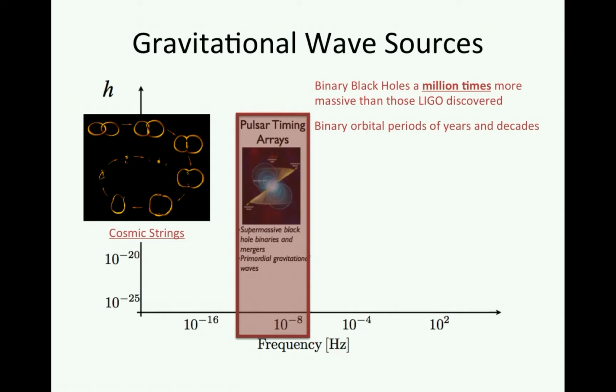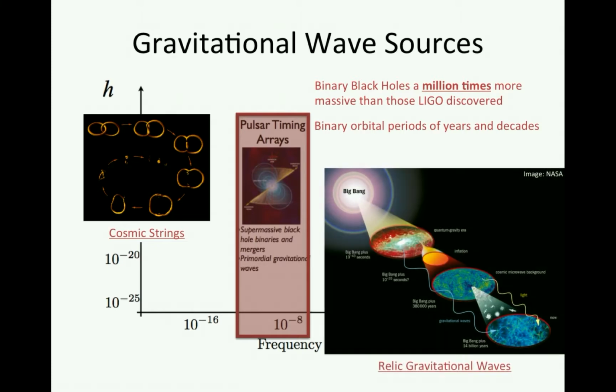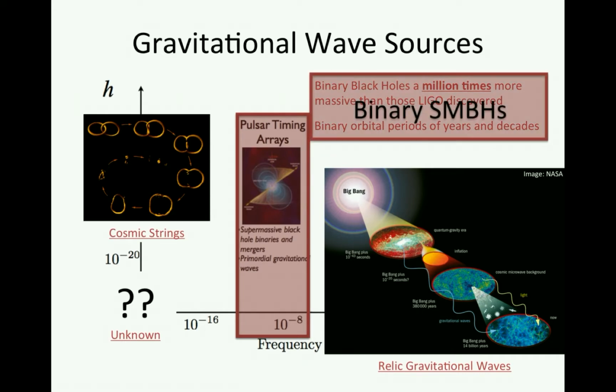These strings can form loops and they radiate away their energy through gravitational wave emission. There may also be relic gravitational waves from inflation, which occurred during the Big Bang era. And of course, there are always unknown unknowns. However, for the rest of this video, we will be discussing binary supermassive black holes, their populations, and the gravitational wave that they emit.